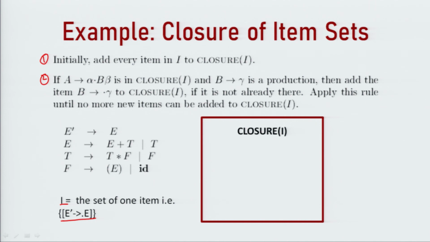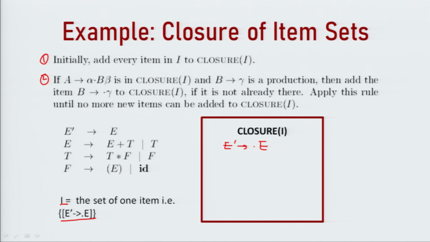Now, we will obtain the closure of this I. According to the first rule, we add every item in I to closure of I, so E prime to dot E will be copied into closure of I.